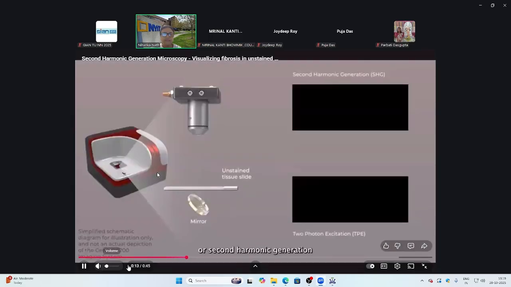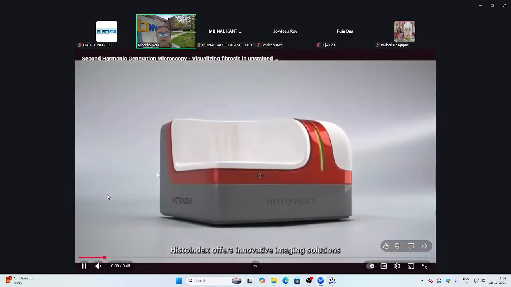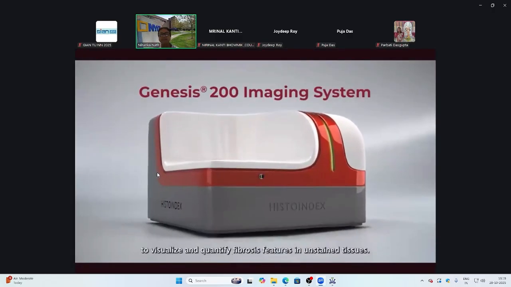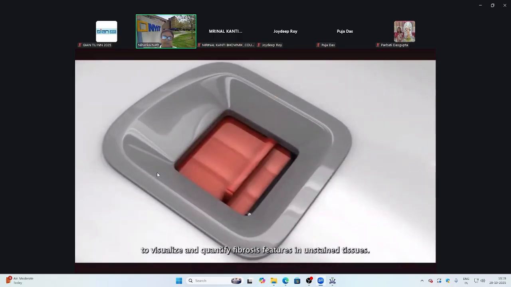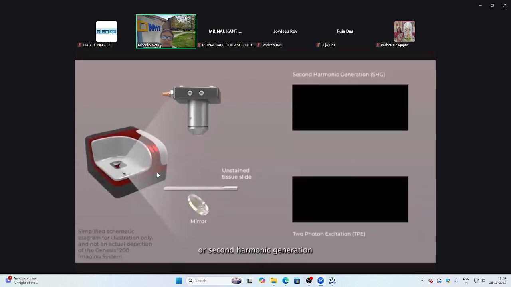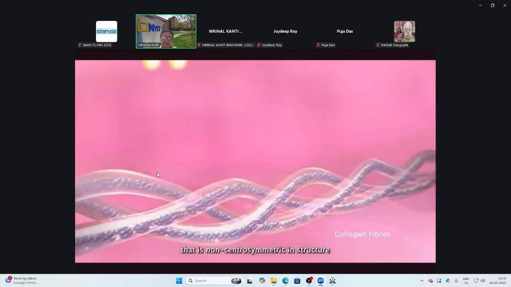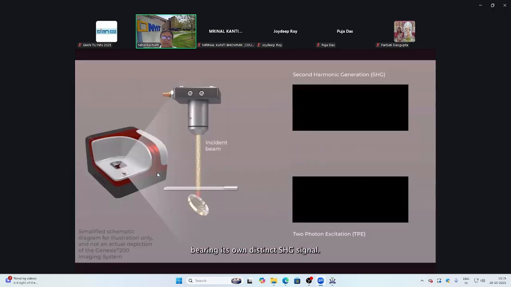Or second harmonic generation occurs when HistoIndex offers innovative imaging solutions to visualize and quantify fibrosis features in unstained tissues. A unique phenomenon called SHG, or second harmonic generation, occurs when photons interact with a collagen fiber that is non-centrosymmetric in structure to combine into a single photon, bearing its own distinct SHG signal.